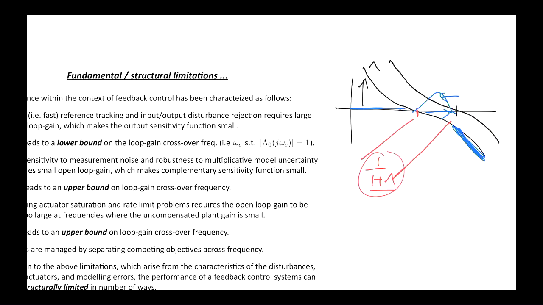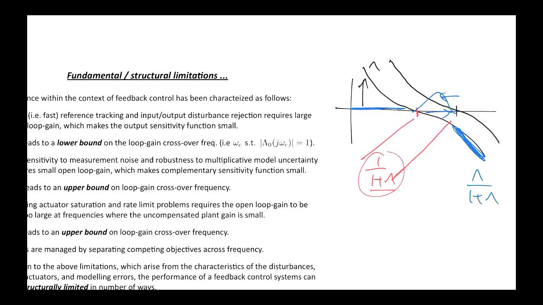And in order to make the closed loop insensitive to that, we just need to make sure that the complementary sensitivity function, okay, which is lambda on 1 plus lambda, is small at frequencies where the uncertainty is large, which is exactly what we have to do in order to reduce sensitivity to measurement noise. And again, that's often most significant at high frequency.